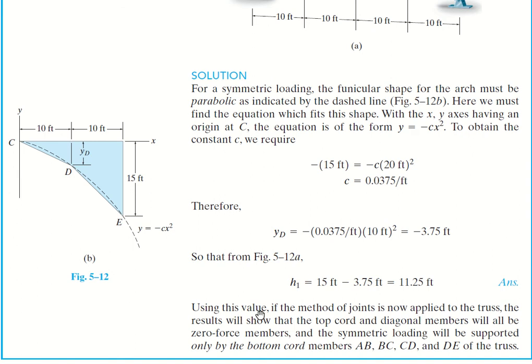Okay, using this value, if the method of joints is now applied to the truss, the results will show that the top chord and the diagonal members will all be zero force members, and the symmetric loading will be supported only by the bottom chord members AB, BC, CD and DE of the truss.